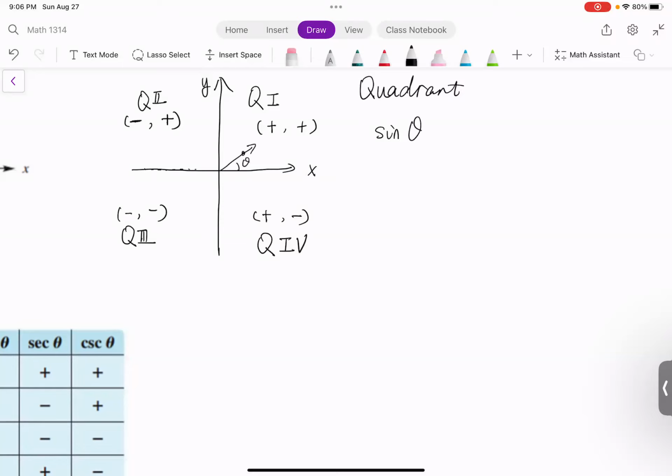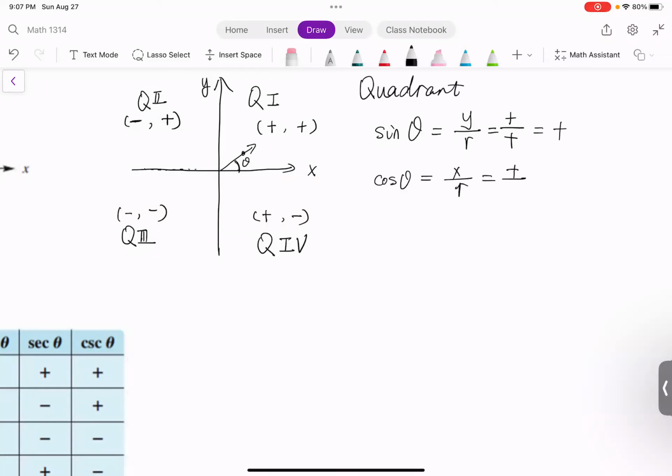This is theta, and in the first quadrant, sine theta equals y over r. Y is positive, and r is always positive because r represents the distance from the point to the origin. So I have positive. And cosine theta is x over r.